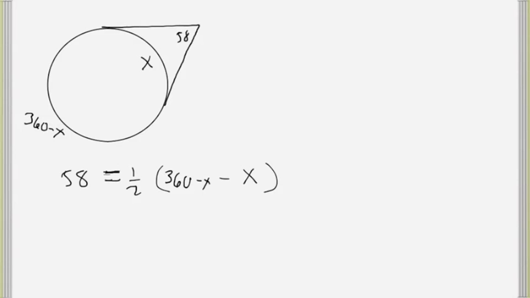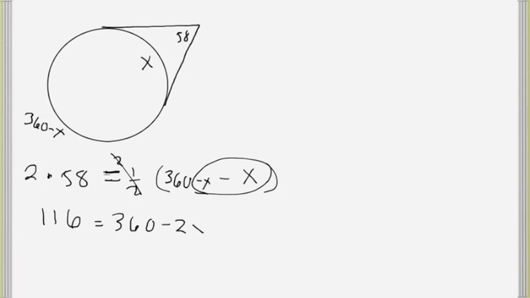To solve this, I'm going to solve it like I did the other one. I'm going to multiply both sides by 2 because that cancels out the half. So I get 116 is equal to 360 minus x minus x, and I can put together those x's. One x and another x makes two x's.